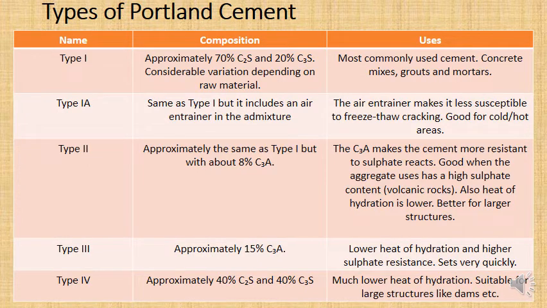But the other thing is that the heat of hydration, meaning the heat that comes off the reaction as the Portland cement is reacting with water, heat is coming off, similar to lime. The heat of hydration is lower. Well, why do we care about it having a lower heat of hydration?